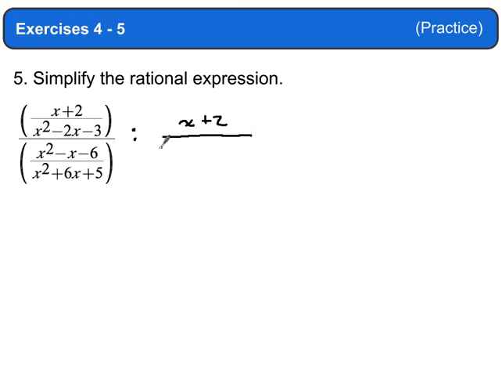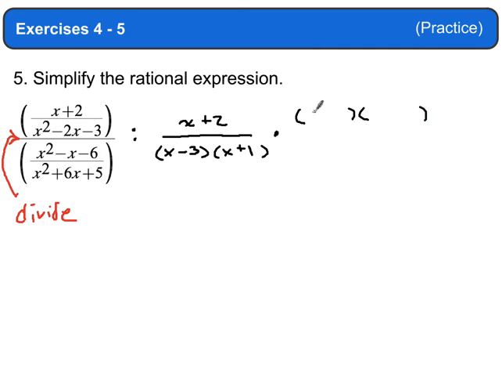We are going to factor our denominator. So we put an x here and an x here. This will be a minus 3 and a plus 1. Now remember, this fraction bar right here means divide. We don't actually want to divide. So we're going to change it to multiplication.